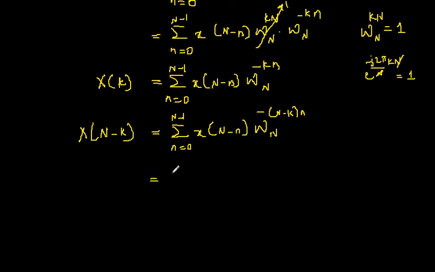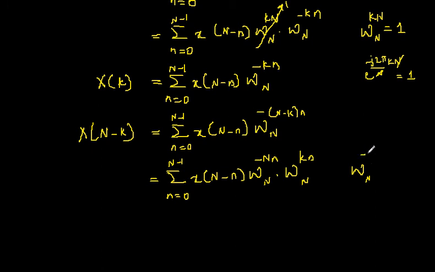Next I would try to simplify that. I will write summation n equal to 0 to N minus 1, x of n minus n, W_N to the power minus capital N into small n. This gets multiplied with W_N to the power k into n. Is that fine? Now I should think, what is W_N to the power minus N into n? I would say that is also equal to 1. How?